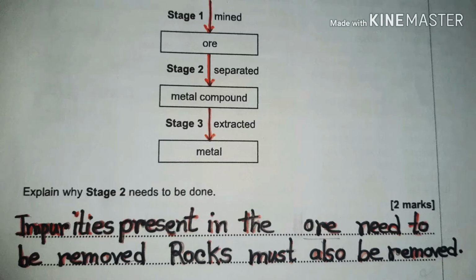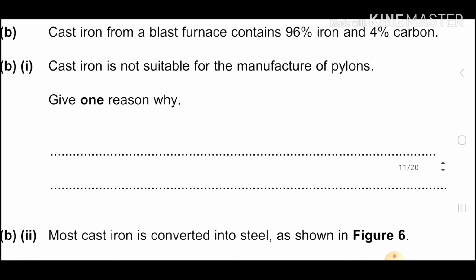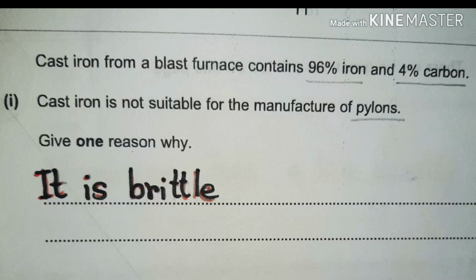And 4b, cast iron from a blast furnace contains 96% iron and 4% carbon. Cast iron is not suitable for the manufacture of pylons. Give one reason why. You can write here that impurities present in the ore need to be removed.